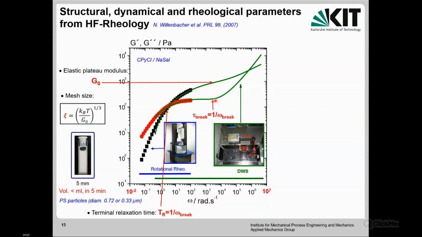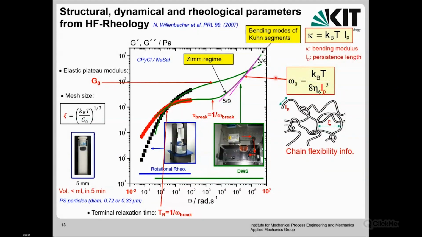But what was very important and interesting for us is the very high frequency regime, where we have a variation of G'' with omega with an exponent 5/9. This corresponds to the so-called Zimm regime. At even higher frequencies, we have a change in the slope to a 3/4 slope.